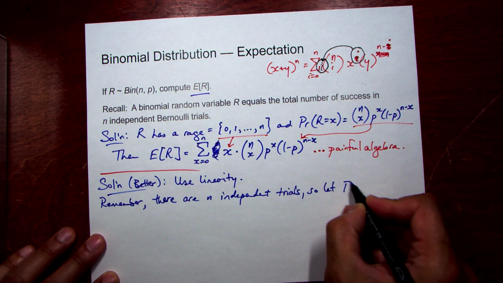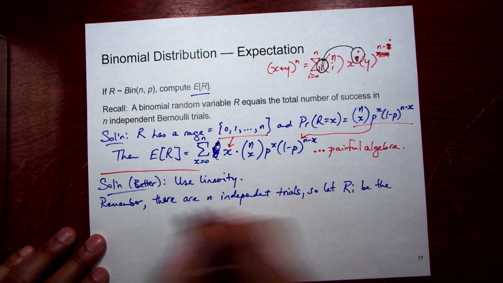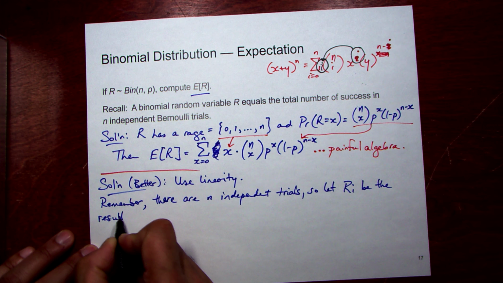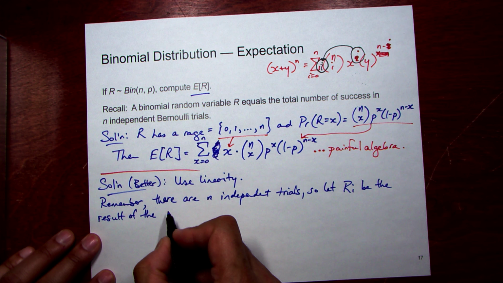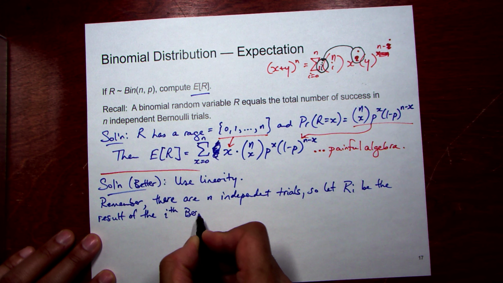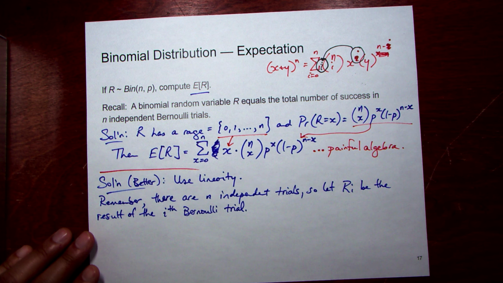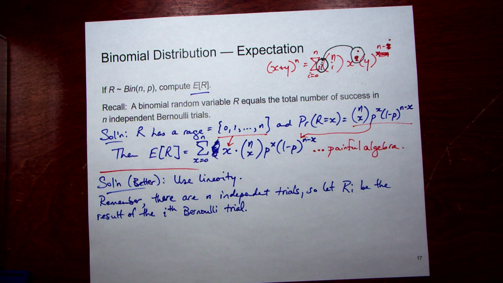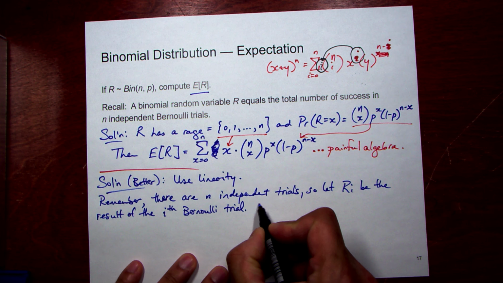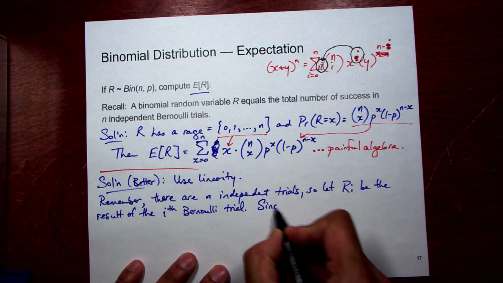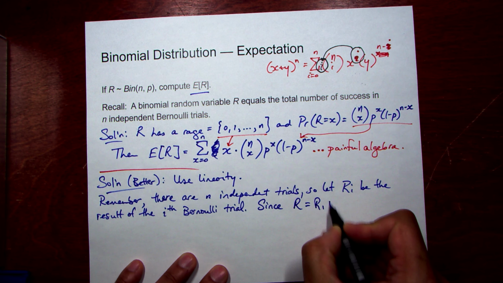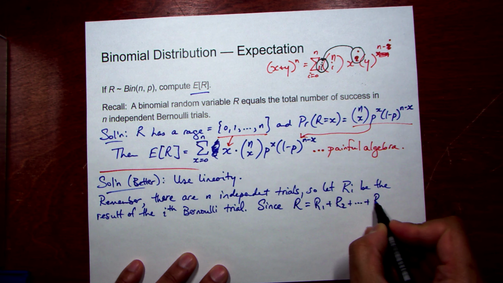So let R sub i be the result of the ith Bernoulli trial. Okay, and what's R? Well, R is R1 plus R2 plus Rn, right?